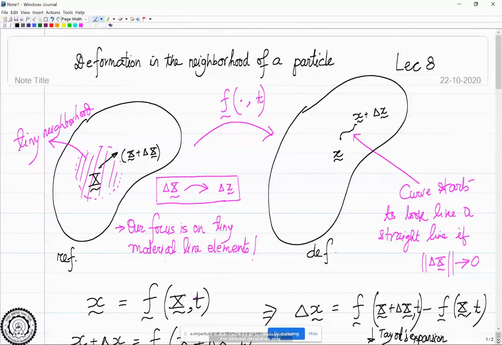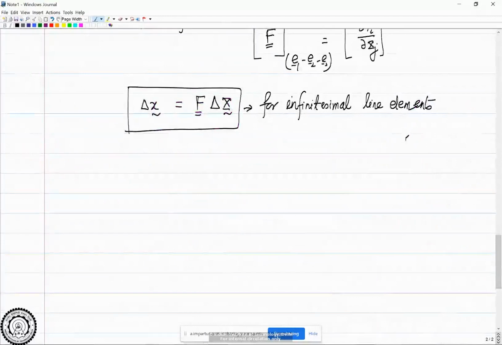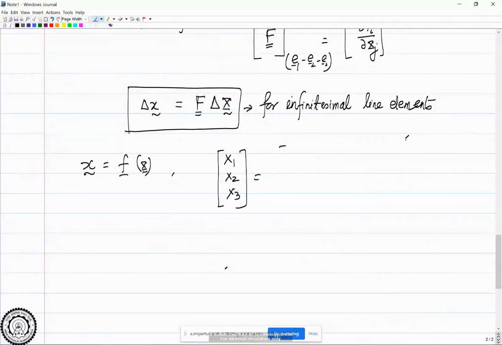Are you guys with me? I hope it's not getting abstract. You can also think of a specific example. Suppose your function is little x equal to f of X, and let us say I write this in the E1, E2, E3 coordinate system. Think of any example.